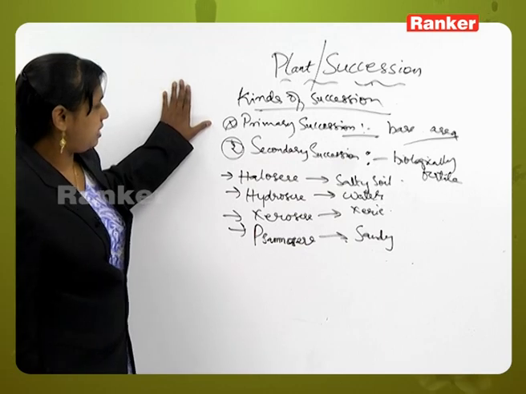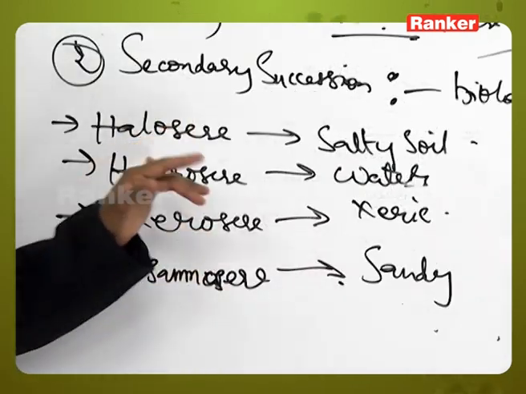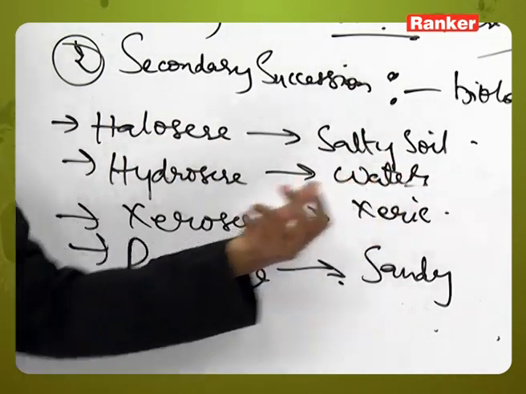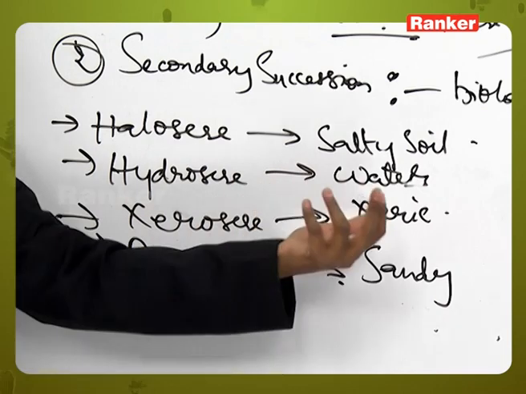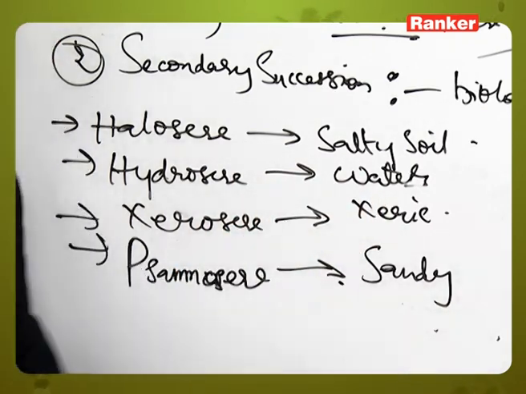So primary and secondary succession can be of different types on the basis of the area where it is occurring: salty soil is halosere, aquatic habitat is hydrosere, xeric condition is xerosere, and psammosere is in sandy soil.